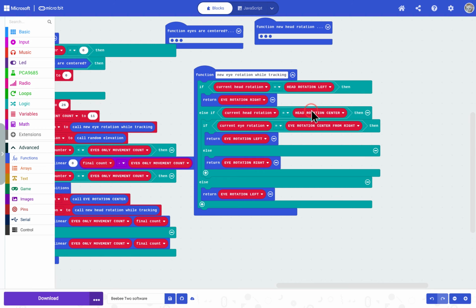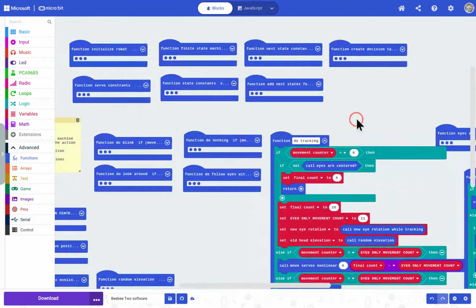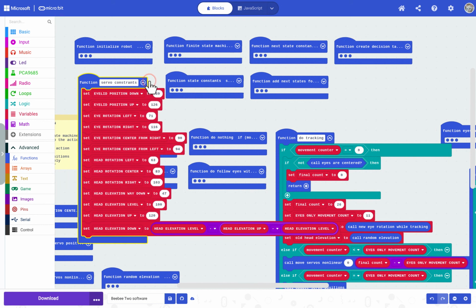If the head is in the center, then we can move either one. I'm going to choose to continue moving in the direction the eyes last moved. That's what this does, so that there's no delay, because remember, there's 4 degrees delay between left and right if you're on the opposite side.